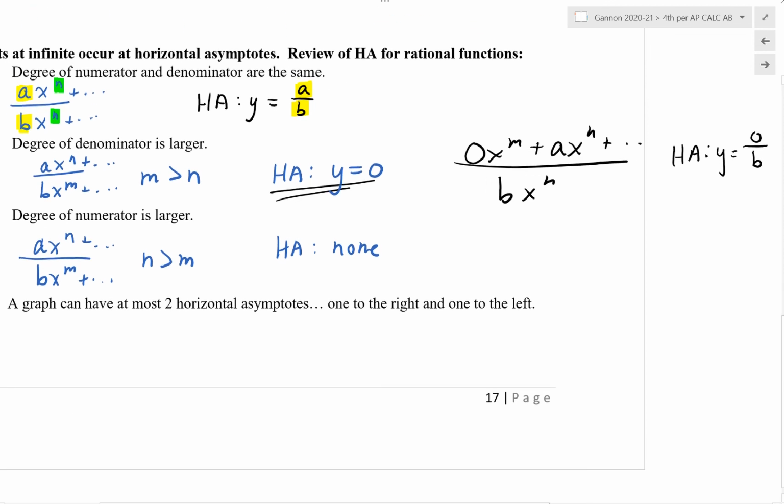Whereas if we look at that bottom example, where the degree of the numerator is larger, that means n is larger than m. So if we wanted to have the same degree, you could have a x^n on top, and then on the bottom, you would add 0 x^n plus b x^m, and so on.